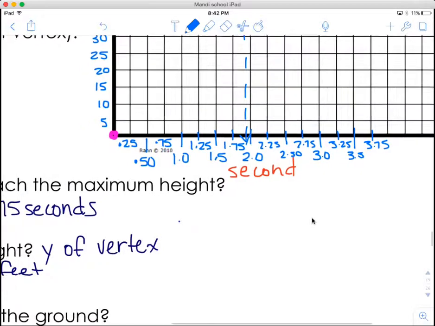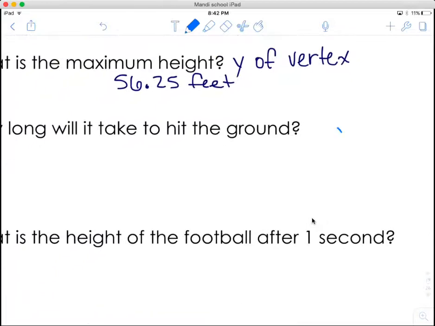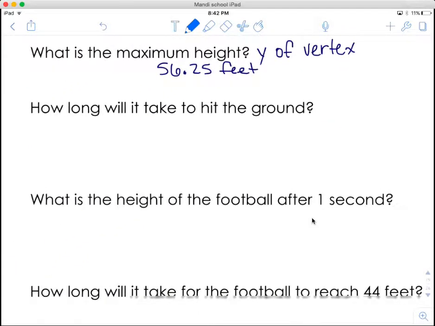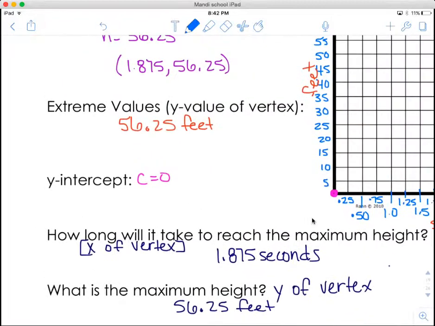But to be certain that we've done this correctly, how long will it take to hit the ground? We are asking for the x-intercept. To get an x-intercept, we have to factor or use the quadratic formula. Well, in this situation, let's go back up here and look at this equation.